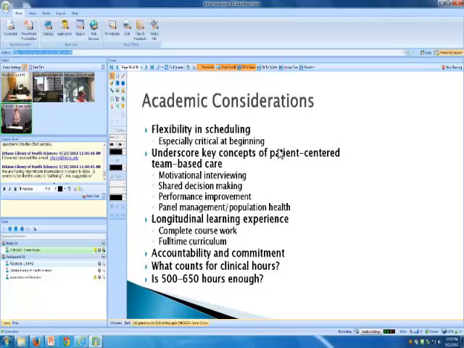I think we need to really have our students, and particularly the nursing students, come to the clinic setting already well-versed in patient-centered team-based care concepts.